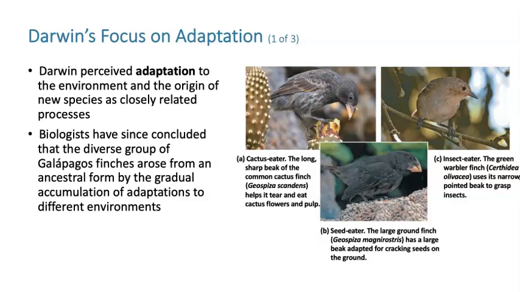Since Darwin came up with his ideas, biologists have seen that the diversity of Galapagos finches did arise from an ancestor that lived on the coast of South America a long time ago, and that they adapted to various environments. We will talk a little bit about that in later chapters.